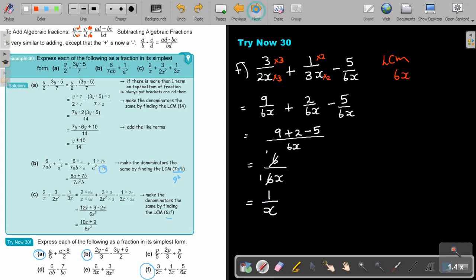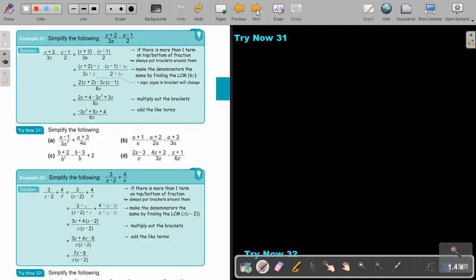Okay, let's go to the next example. In the next example, example 31, let's just go through it first. Simplify. Again, put brackets on top, and now what is your LCM? That will just be 6x. So in this case, I'm just going to divide again, and I get 2, and I multiply 2. 6x divided by 2, I get 3x.